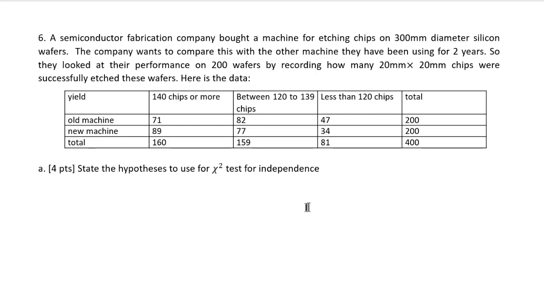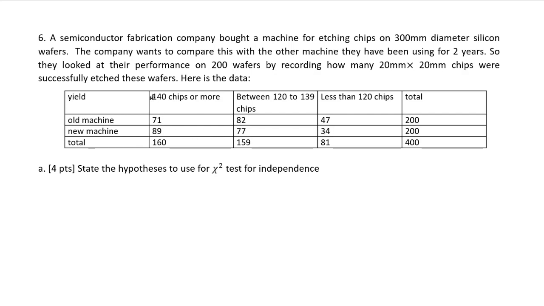Okay, last question. A semiconductor fabrication company bought a machine for etching chips, and they have a new machine, and they looked at the data, and it seems to suggest, well, look at this, it has less bad outcome and better good outcome.